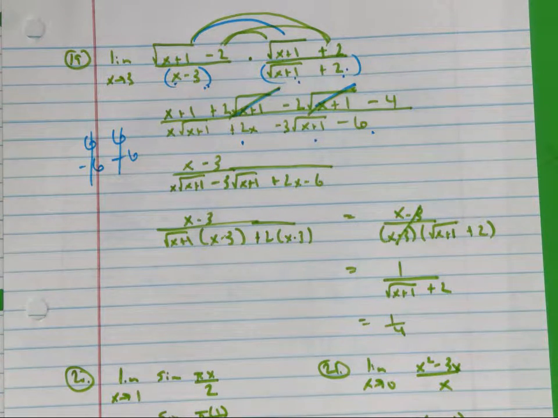Okay, there's no fraction, so I'm going to go to trying to find a factor, okay? So I look here and I say, okay, I want to factor this. Well, these two monsters have that in common, don't they? So I'm going to put them together in the bottom and then put the 2x and negative 6 together. Do y'all see that? Therefore, I factor out the square root of x plus 1, and it leaves me x minus 3.